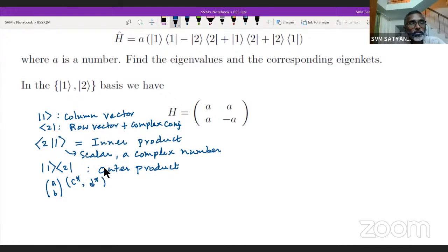Then this is a 2 by 1 and this is a 1 by 2, so the resultant will be a 2 by 2 matrix, an operator. How do we write this operator? We take A multiplied with C star, A with D star, B with C star, and B with D star. So we write this as an operator.